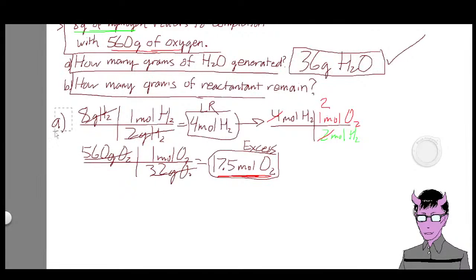We're going back to this part. So let's delete that. This is part B. We are recycling our work for some slight efficiency. If you recall, when we're trying to figure out which one's the limiting reactant and which one's the excess reactant, here's the work for determining, if we wish to use up all 4 moles of hydrogen, how many moles of oxygen will we require?